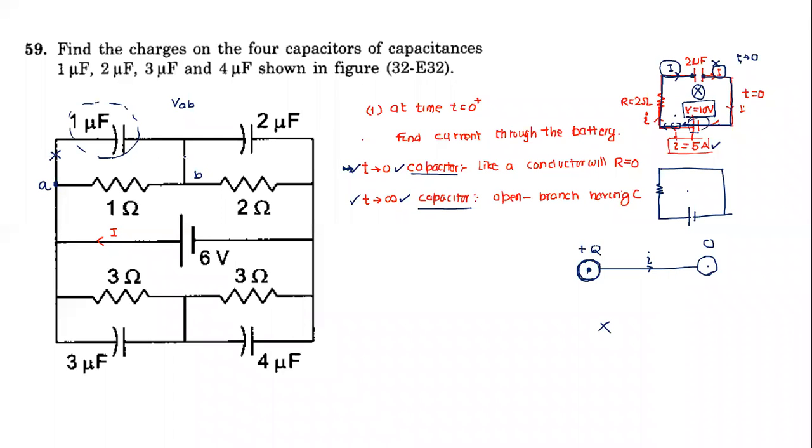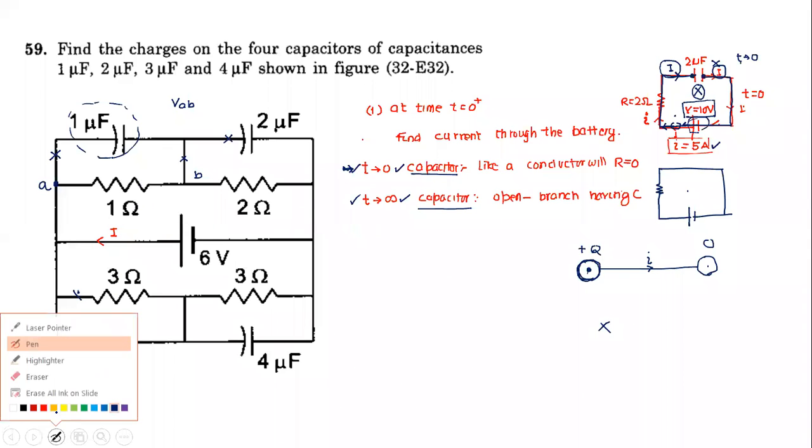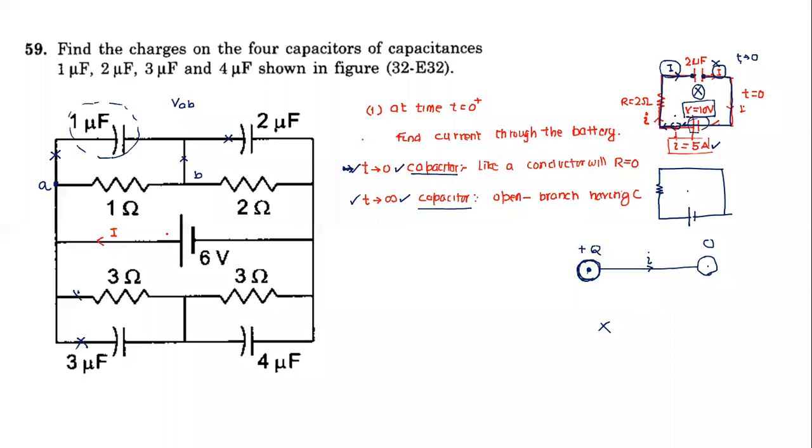No current here, no current in this branch. So how is the current flowing? The current flow will be like this, through the top loop and bottom loop.